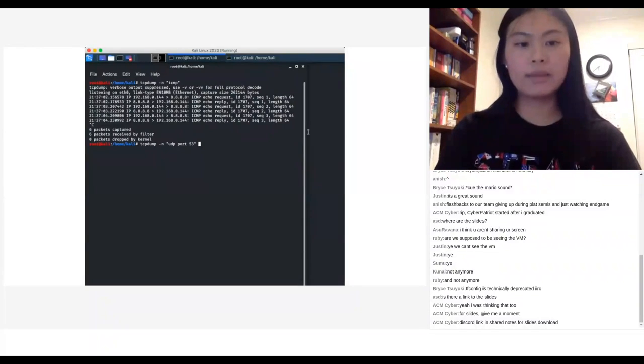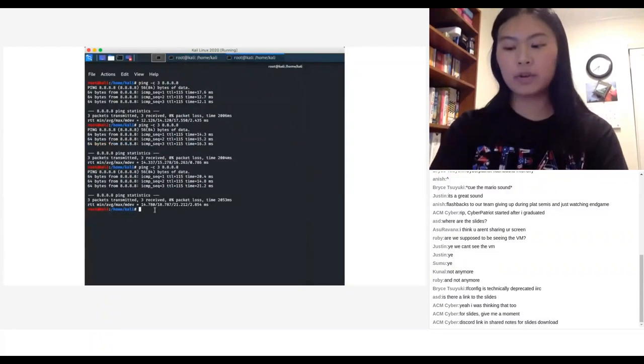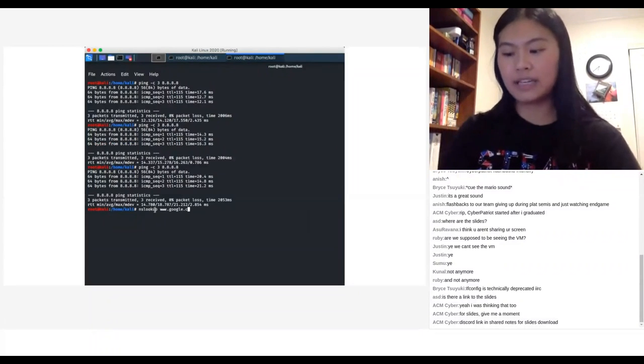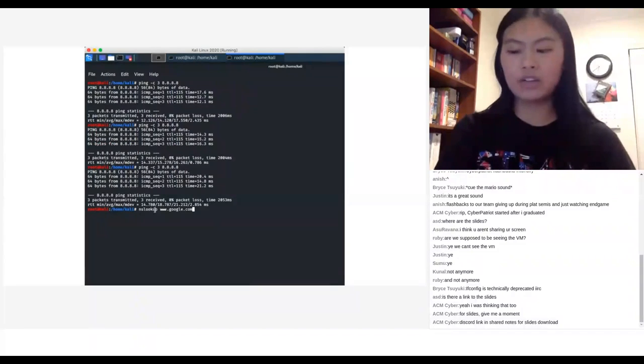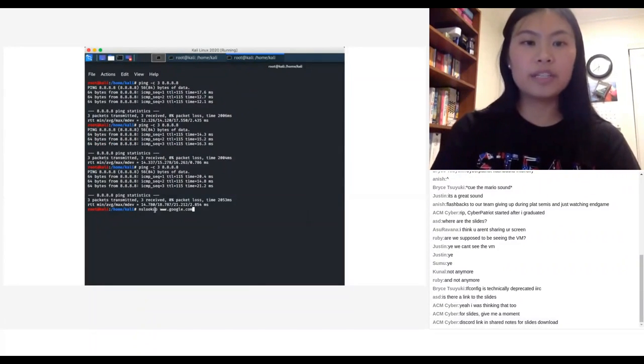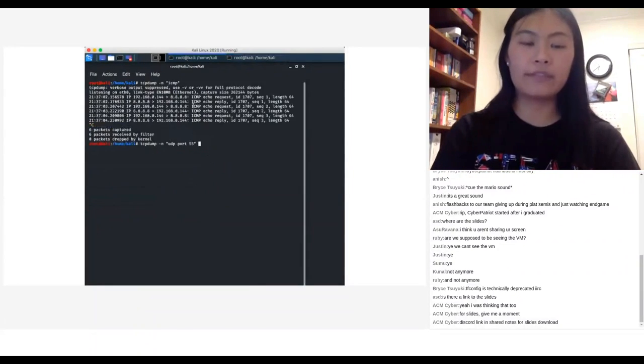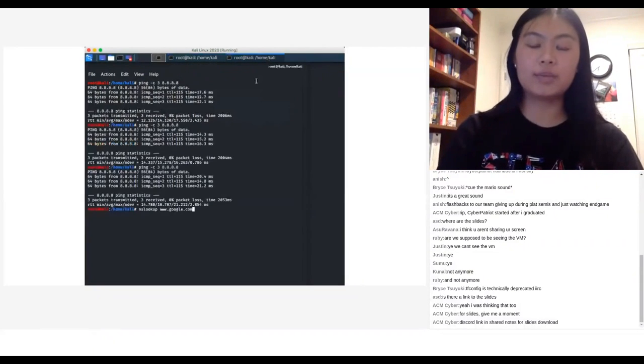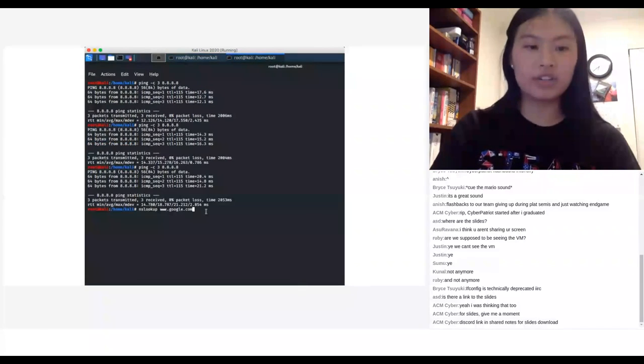This time, instead of the ping command, I'm going to use nslookup to Google. What nslookup does is find the IP address that corresponds to the host. The reason I'm filtering for UDP port 53 is because it uses DNS to resolve this domain name to find the IP address.